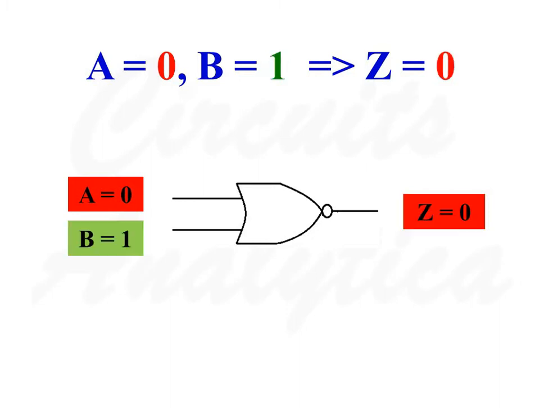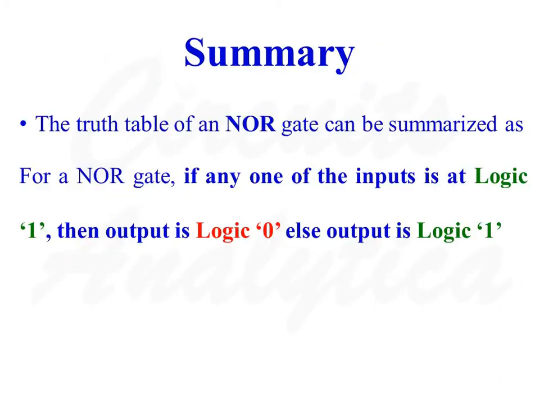If any one of the two inputs is equal to 1, Z is equal to 0. So the truth table of a NOR gate can be summarized as: for a NOR gate, if any one of the inputs is at logic 1, then output is logic 0, else output is logic 1.